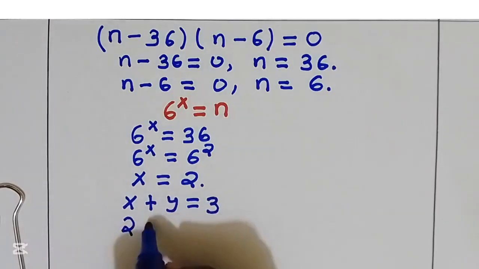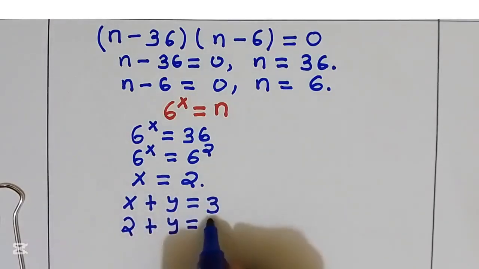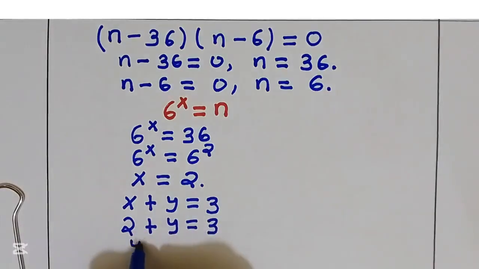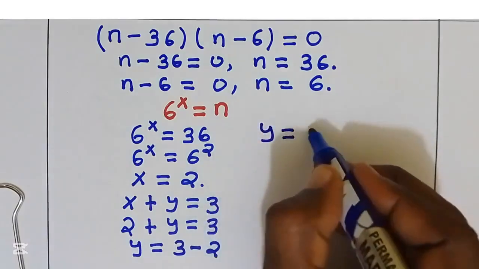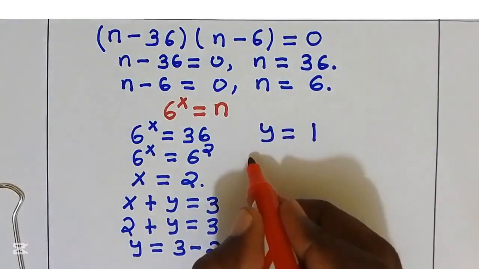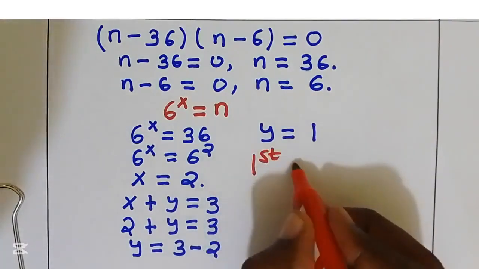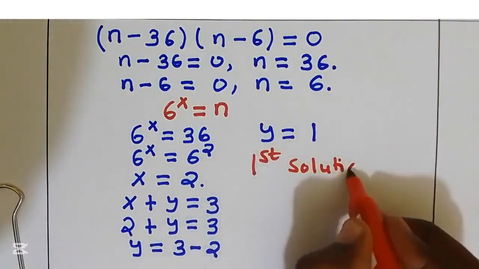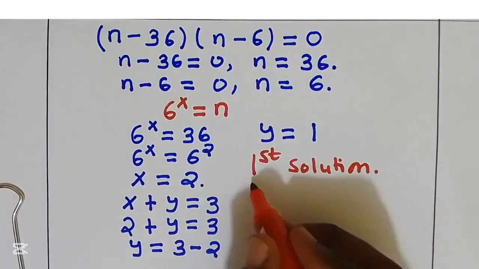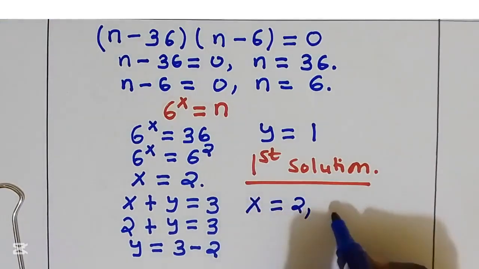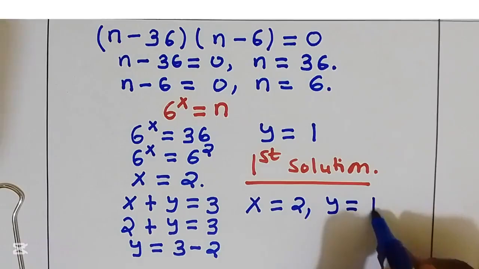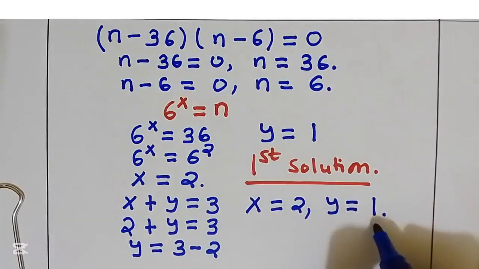Now 2 plus y is equal to 3. We get y is equal to 3 take away 2. We get y is equal to 1. So, our first solution, when x is equal to 2, y is equal to 1. That is our first solution.